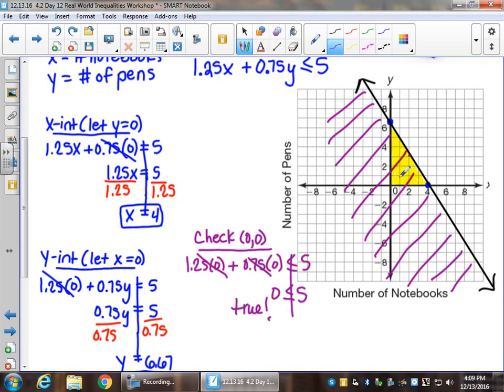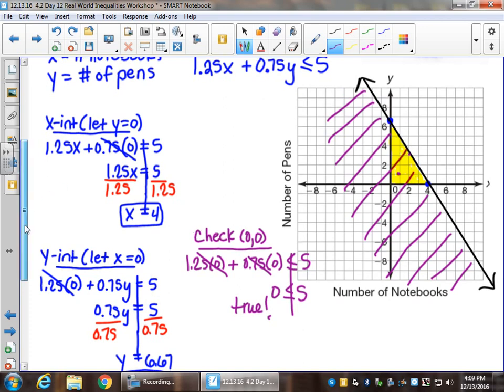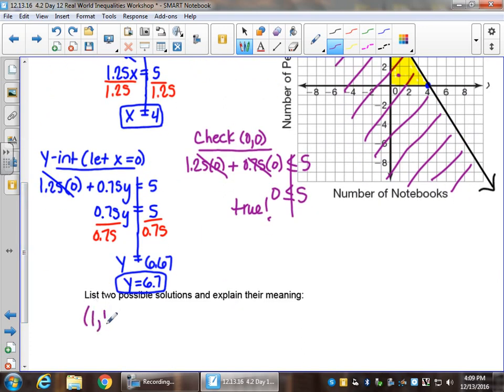So for me, if I get to pick anything I want, I would choose like 1, 1, because that's a for sure. She can buy 1 notebook and 1 pen.